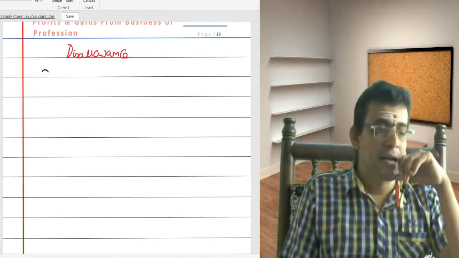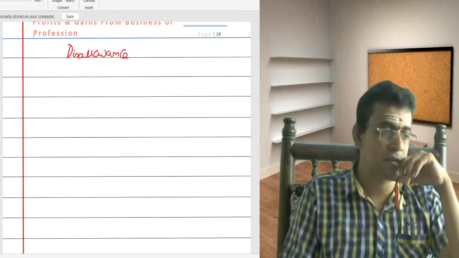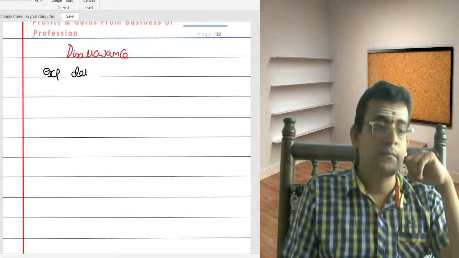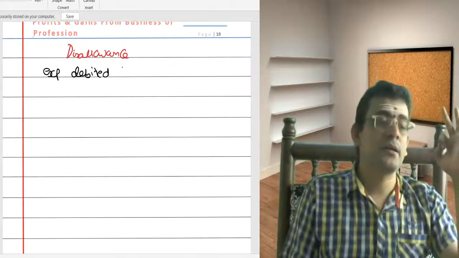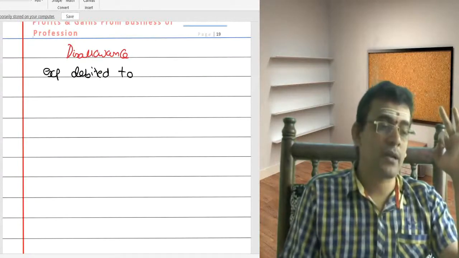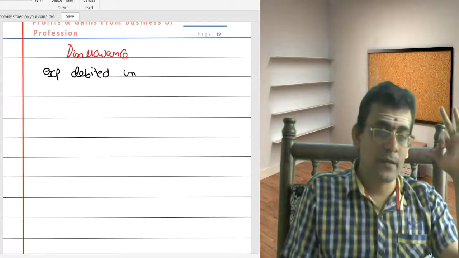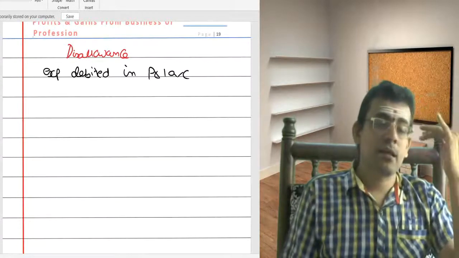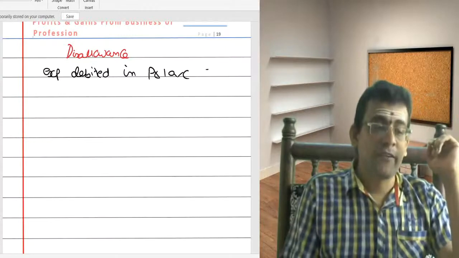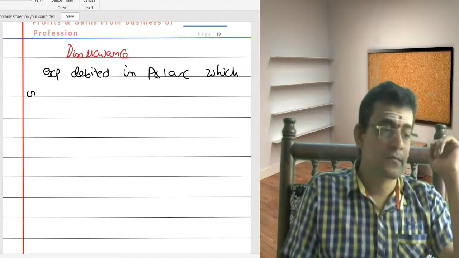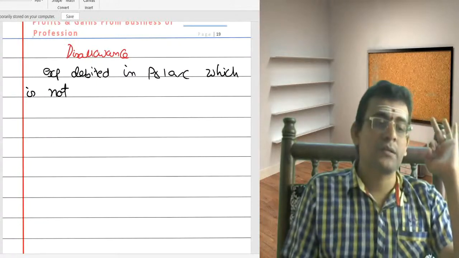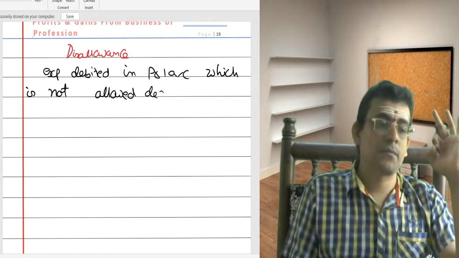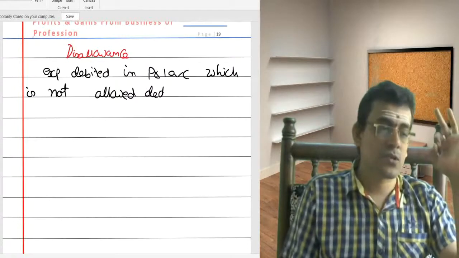Disallowance is nothing but any sort of expense. Any expense debited in the profit and loss account which is not allowed as deduction.